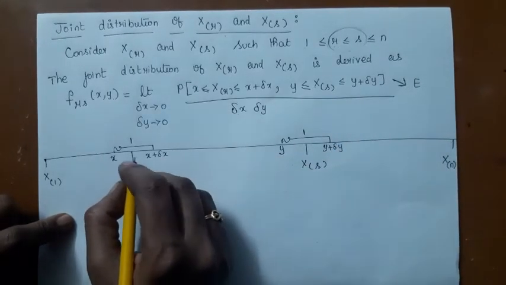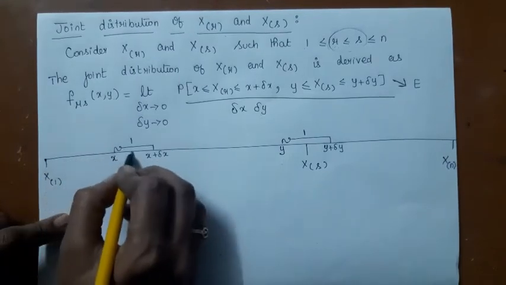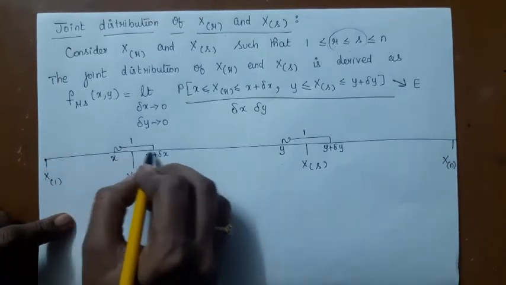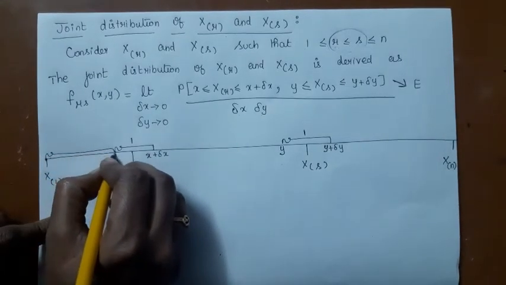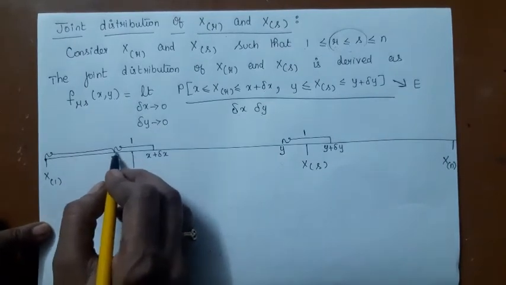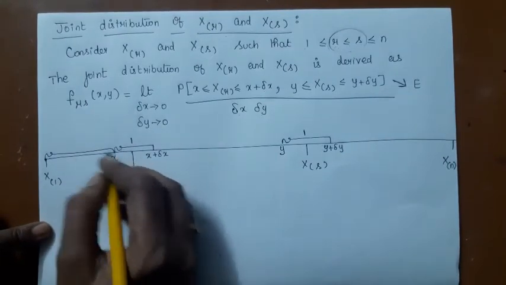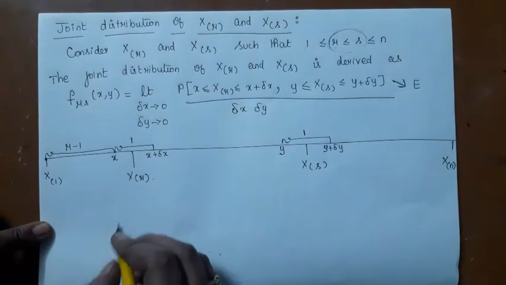Up to this you have R values, and one value lies here. So how many values will be in this interval? Up to this you have R values and only one value is in the small interval, so you have R minus 1 values here.